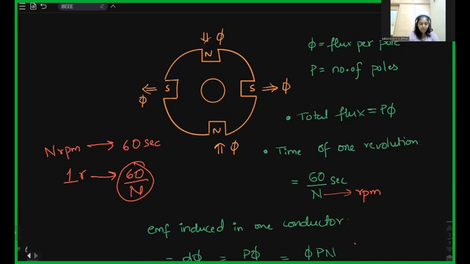So what about one rotation? If we require the time for one rotation, we can write that one rotation requires 60 by N seconds. So that's what we took here, time of one revolution: 60 by N seconds.